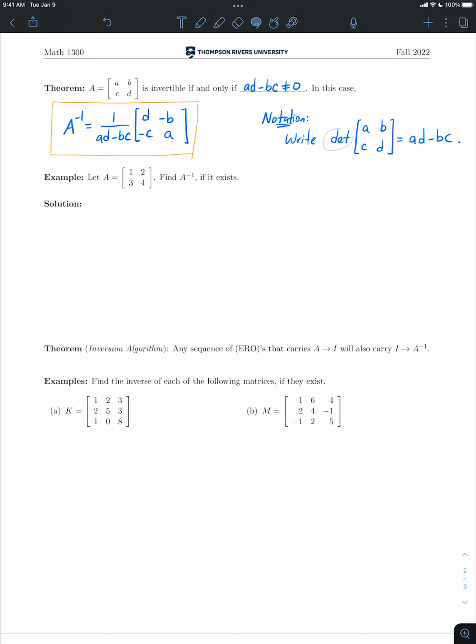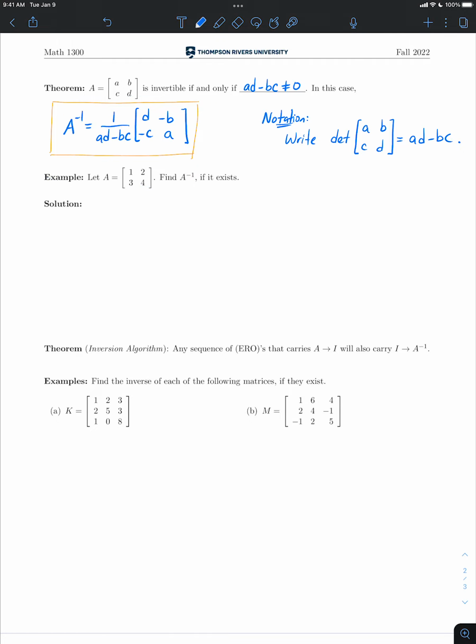This det is short for determinant, and we'll study those in much more detail later, but for now I'll just mention this as a passing remark. So really, you could say a 2 by 2 matrix is invertible as long as its determinant is non-zero. And if its determinant is non-zero, here's the inverse.